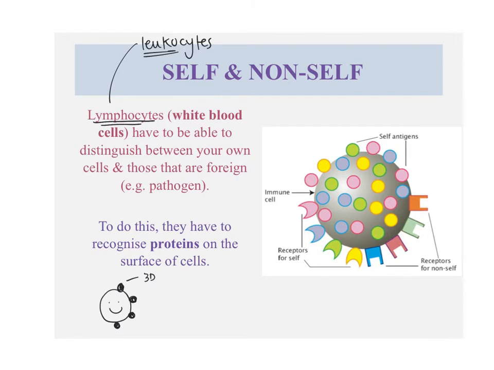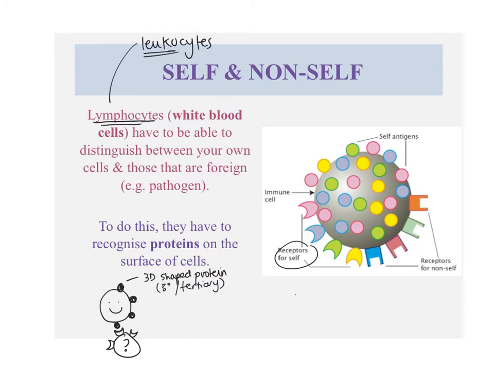Because they are 3D shaped, they have got a tertiary structure. They require a lot of folding. And my body, my lymphocytes, are able to bind using the receptors for self onto them. So this is my white blood cell, just checking whether it's me or not.